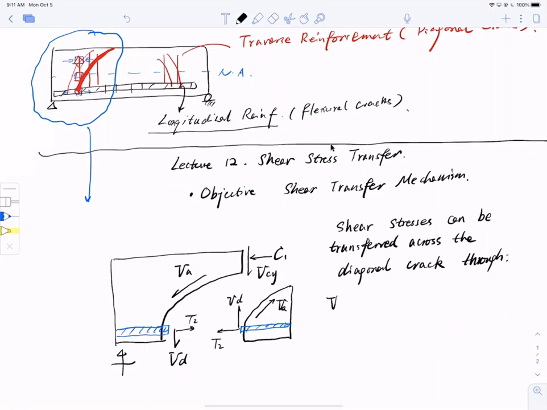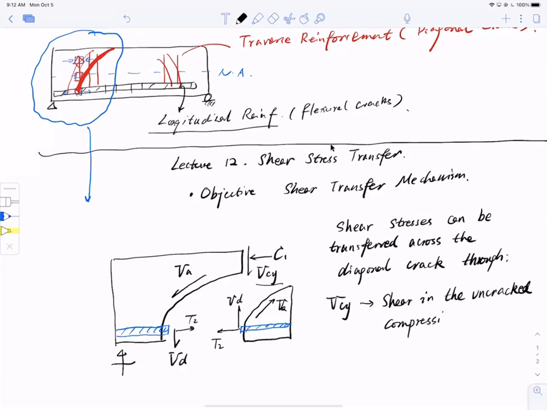One is VCY, this one here. That is the shear in the uncracked compressive zone.